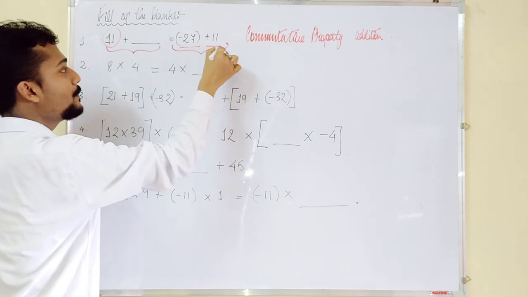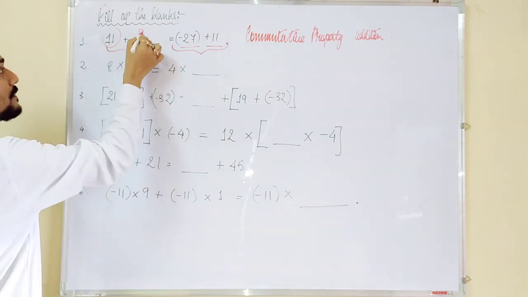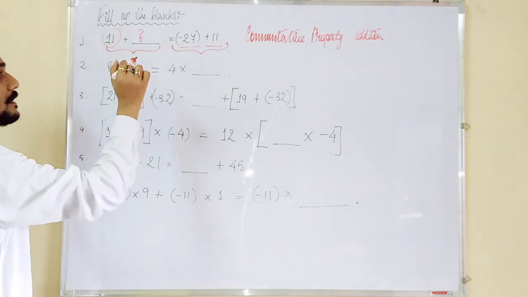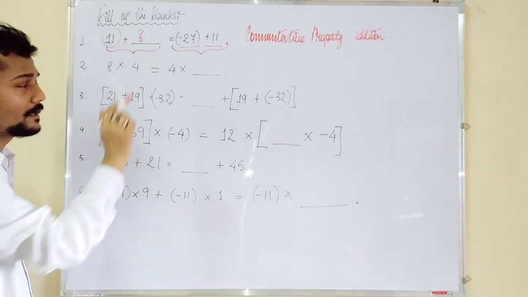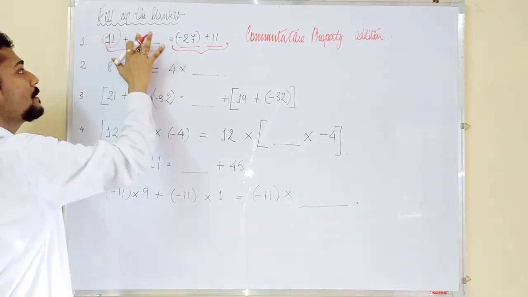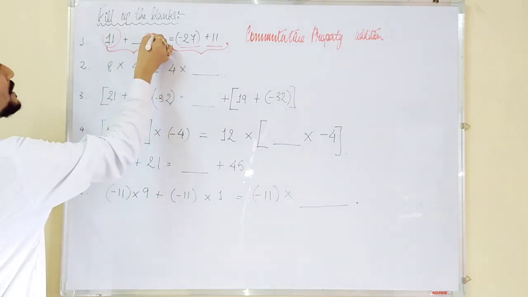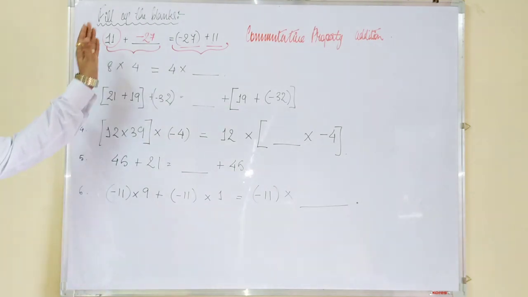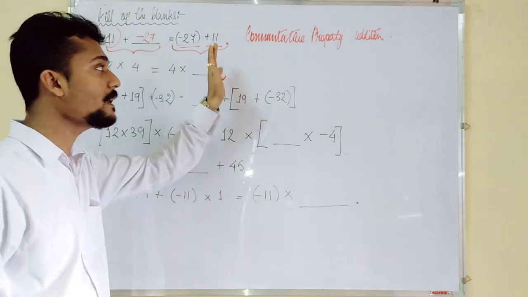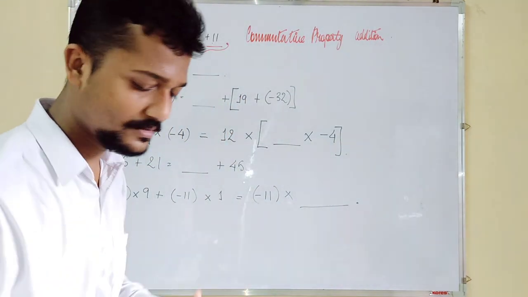Minus 27 plus 11 will be equal to 11 plus what? If minus 27 plus 11 is given, then on the other side it is 11 plus dash. That means in this part it will be minus 27. So 11 plus minus 27 is equal to minus 27 plus 11 by commutative property of addition.